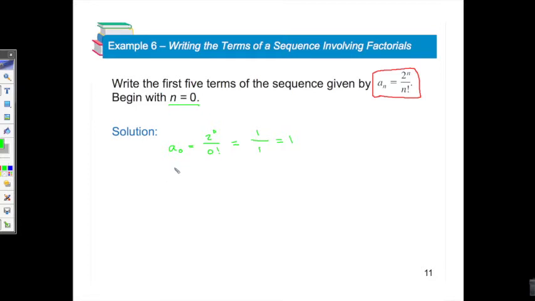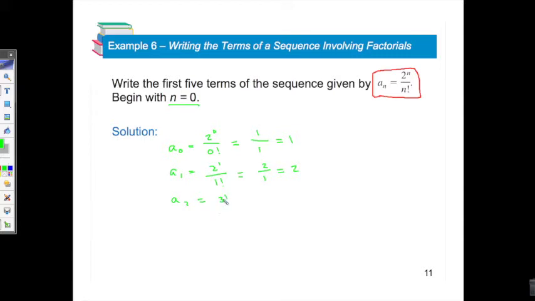My next one says a sub 1, which equals 2 to the first over 1 factorial. So now I need to ask myself, what is 2 to the first? Well, 2 to the first is simply a 2, and 1 factorial is simply a 1. When I simplify, 2. Now my third term, which is a sub 2, is going to be, oops, sorry.